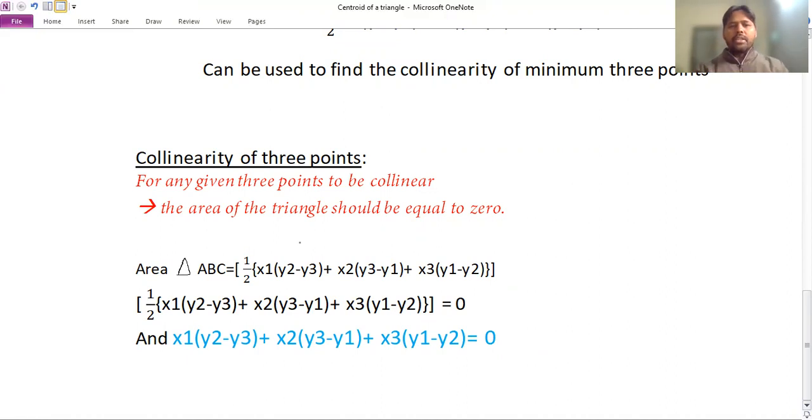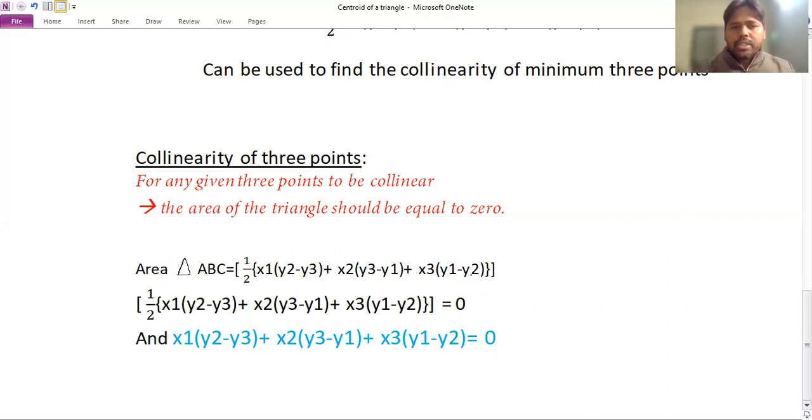First, we will take the area of the triangle as usual. The formula that we have already discussed: the area of the triangle is 1/2 times the product of x1 and y2 minus y3, with the added value of the product of x2 and y3 minus y1, added with x3 times y1 minus y2.